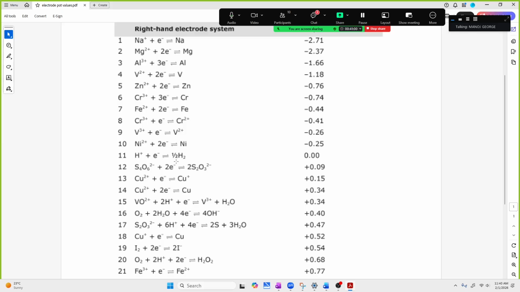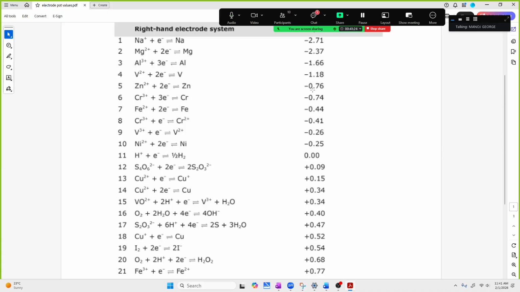Is that agreed by everyone? There is no reaction here in which electrons are being lost. Every one of them is a gaining of electrons. Guys, confirmed? I need you to be very, very clear with this. So do you agree that each of these reactions is a reduction reaction? Each of these is a reduction reaction, correct?